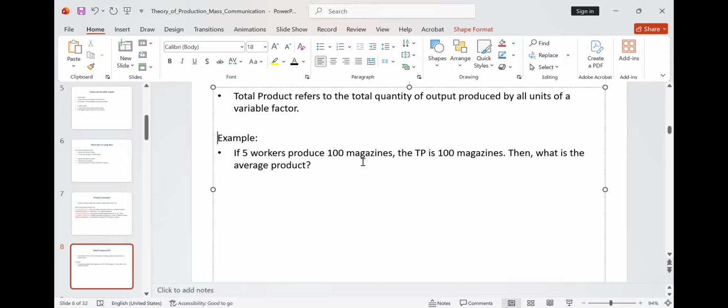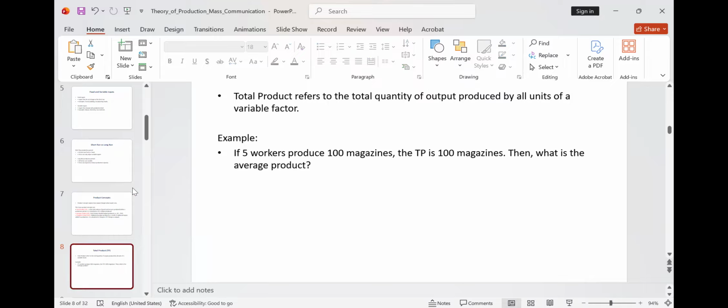Is it not 100 divided by 5? Sorry, sir, it was a mistake. So it will be total product divided by change in output. 100 divided by 5. What is the answer? That would be 20, sir. So not 15. Thank you very much.